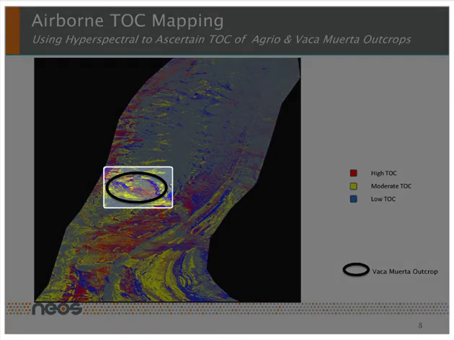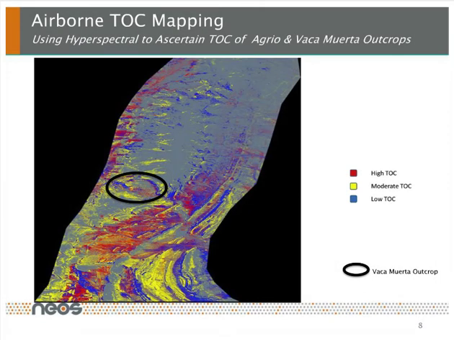The reds, the yellows, and the blues, because this again is a 2D version of an eroded 3D anticline, we are seeing internal to the Vaca Muerta and internal to the Agrio. We can also assess the variations in the amount of total organic carbon material deposited within these two formations.